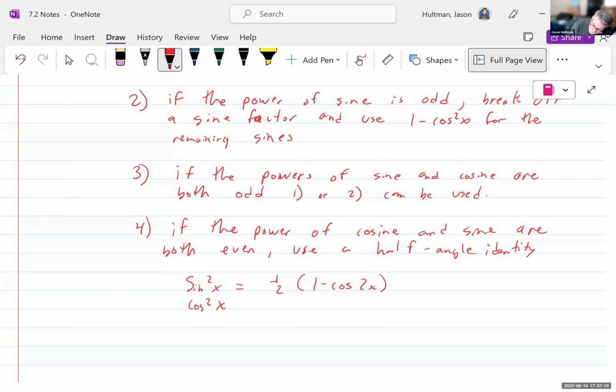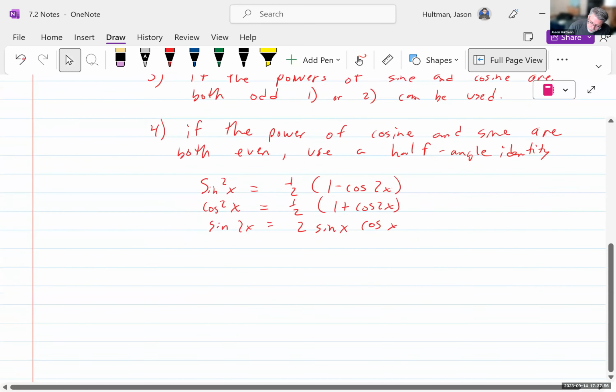Cosine squared x is equal to 1/2 times 1 plus cosine 2x. And sine 2x is equal to 2 times sine x cosine x. So we use a trig identity to help us if they're even.